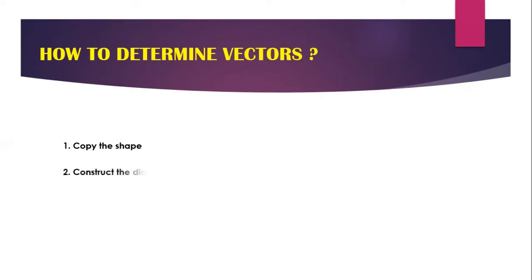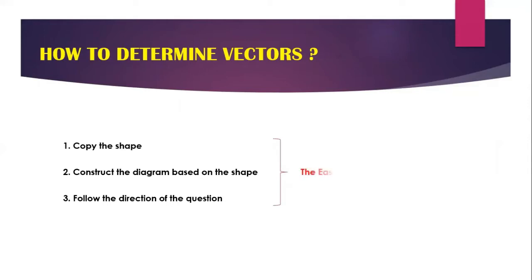The second, construct the diagram based on the shape. And number 3 is follow the direction of the question. Students, this is the easy way to determine factors based on a diagram.